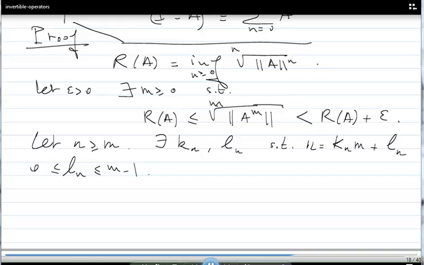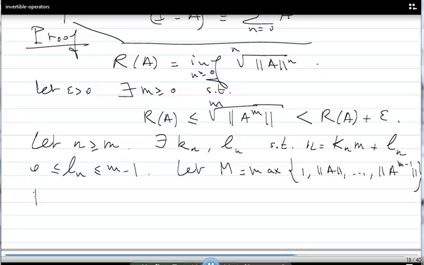Now let M equal the max of the norms of I, norm of A, etc., till we reach A to the power m minus 1. These are finitely many operators, so they are all bounded, so we have that maximum.